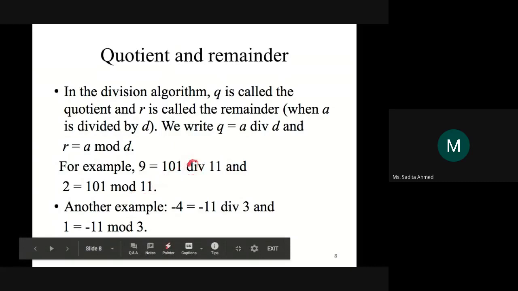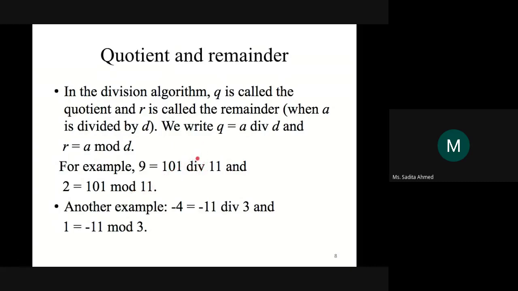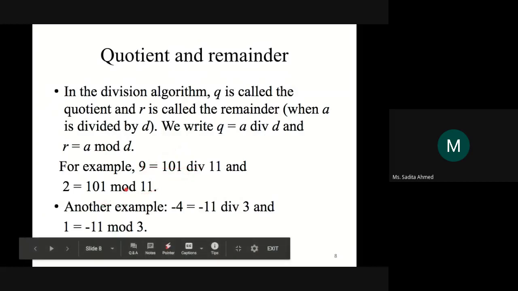The div function gives us the quotient of this division, which is 9, and the mod function between these two numbers gives us the remainder, 2.